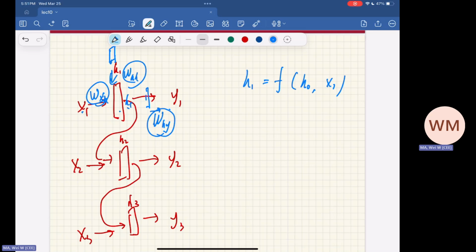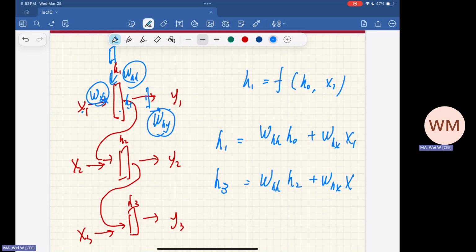No matter whether it's T equals 1 or T equals 3, H1 equals W_HH H0 plus W_HX X1, and similarly H3 equals W_HH H2 plus W_HX X3.